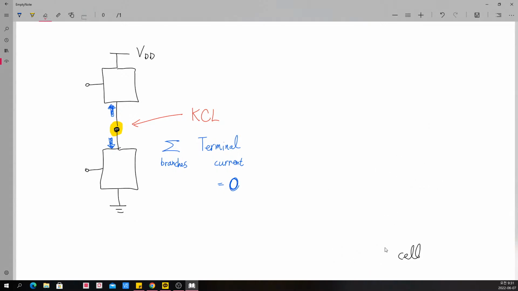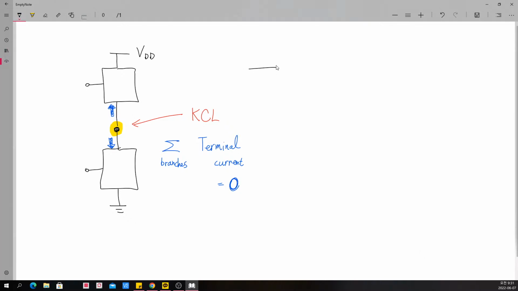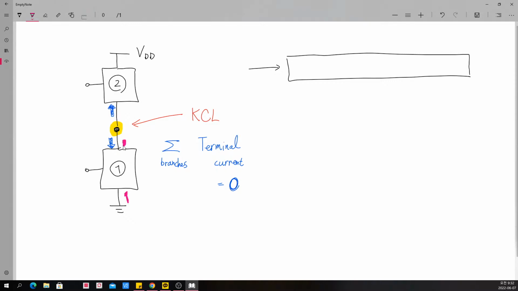Simply speaking, you have to introduce one single line for your residual vector. Let's say this is element 1 and element 2, each given with terminal 1 and terminal 2.